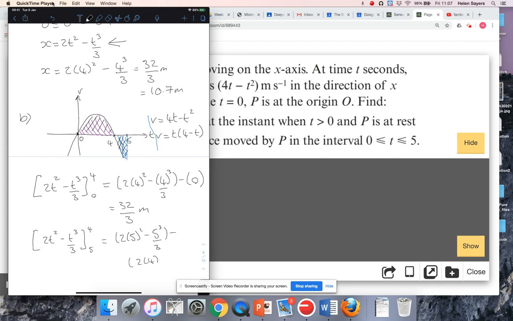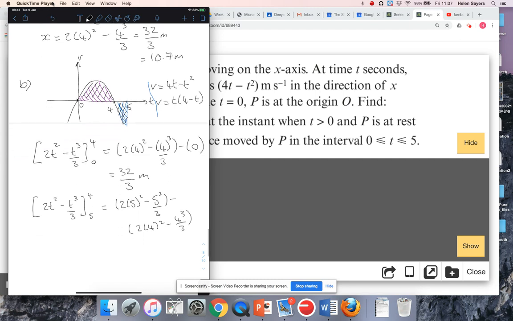But let's write out again, 4 squared minus 4 cubed over 3. So that is going to be 50 minus 125 over 3, and then minus 2 over 3. Okay, and so that gives me minus 7 over 3, which is good, because that should be giving me a negative answer.